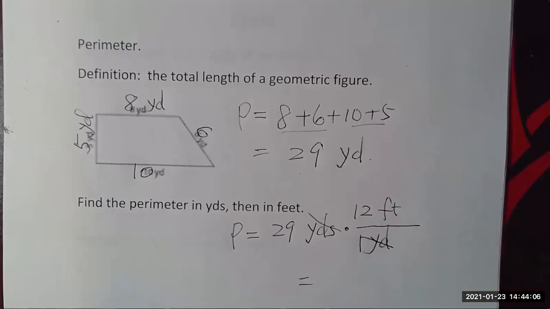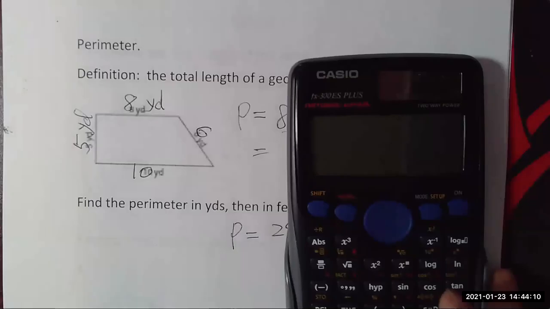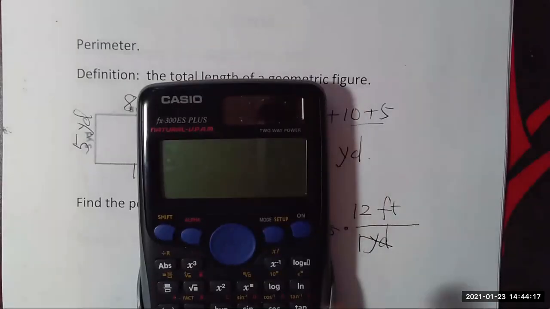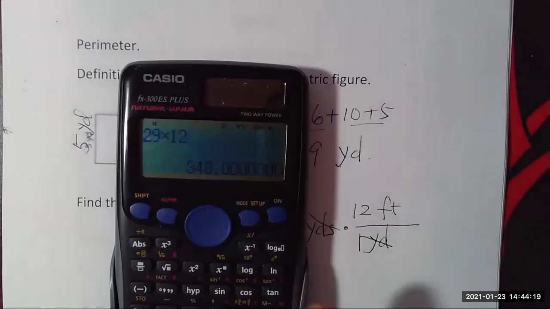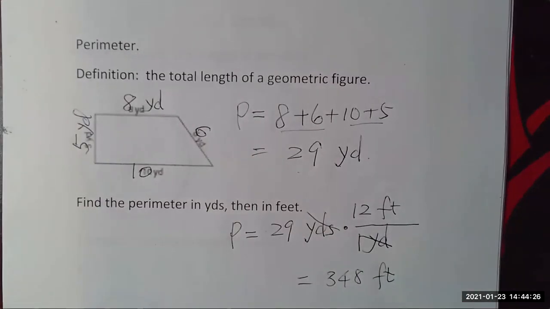Cancelled. Now we need 29 times 12. So let's do that. 29 times 12, 348. So 348 feet. So that's our first example.